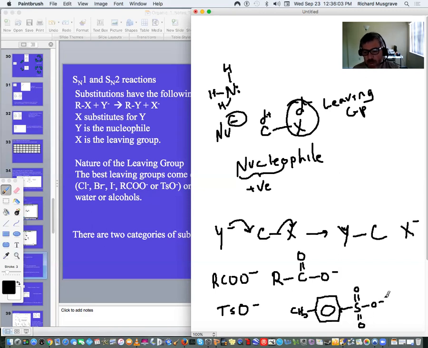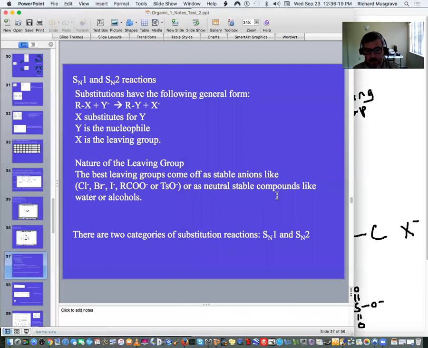And you can see all the resonance possibilities that would exist for this negative charge as well, which is why this is going to be a good leaving group as well. So anything that's stable as a negative charge is a good leaving group. The other things that are good leaving groups are neutral stable compounds like water or alcohols.